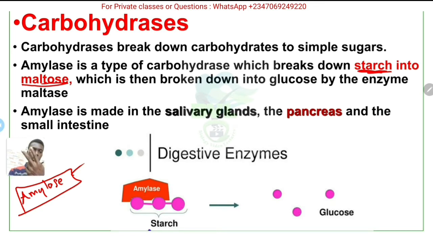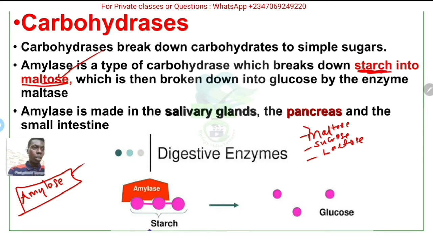Disaccharide means just two sugar molecules, like maltose that was mentioned here, like sucrose, then like lactose. Each of these substrates, the disaccharides, has two sugar molecules in them.